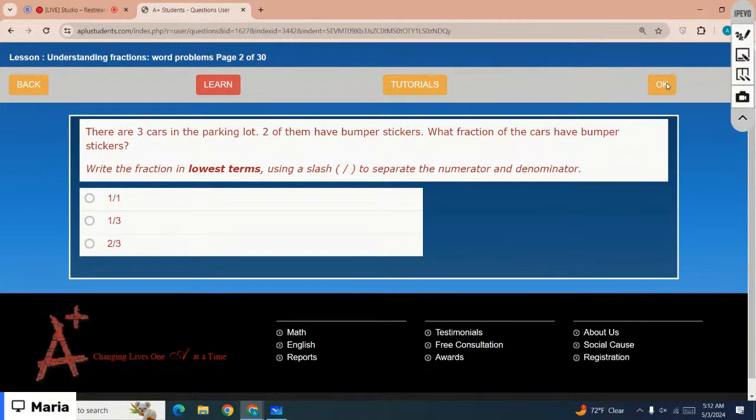The correct option is yes, two out of three is the correct option.